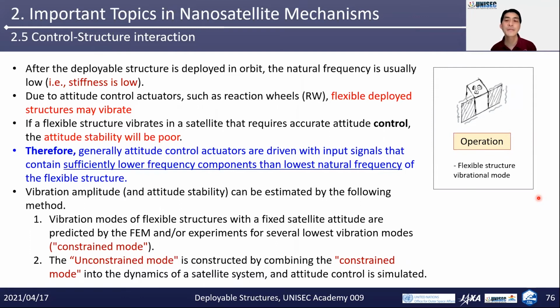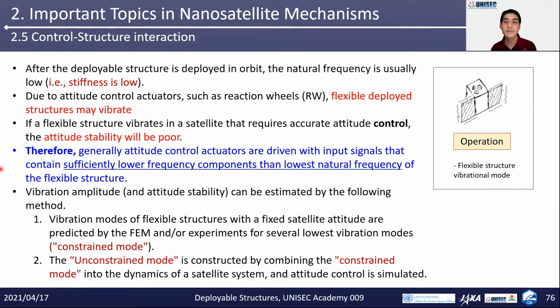Therefore, generally, attitude control actuators are driven by input signals that contain sufficiently lower frequency components than the lowest natural frequency of the flexible structure. And vibration amplitude and attitude stability can be estimated and evaluated by the following method.